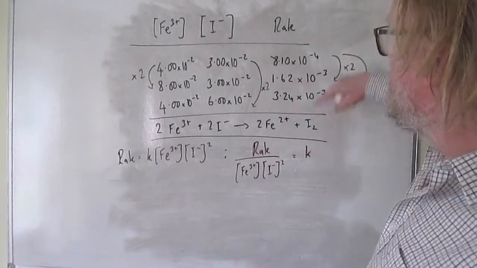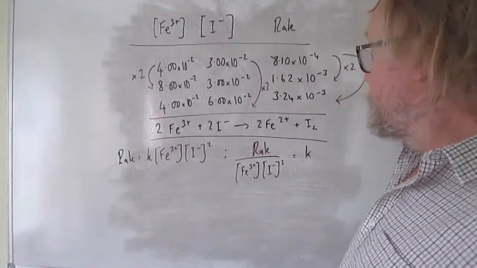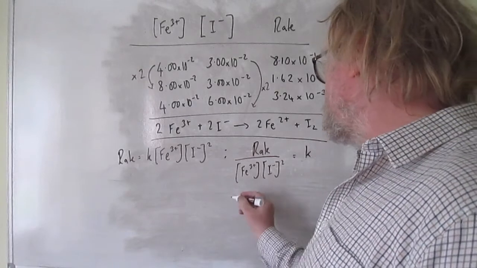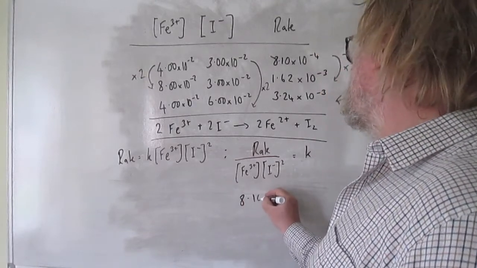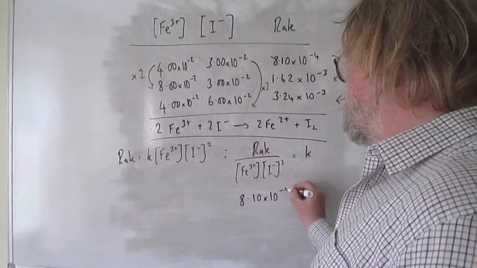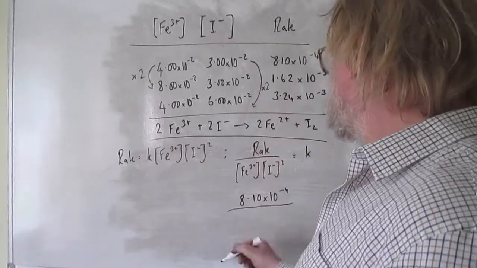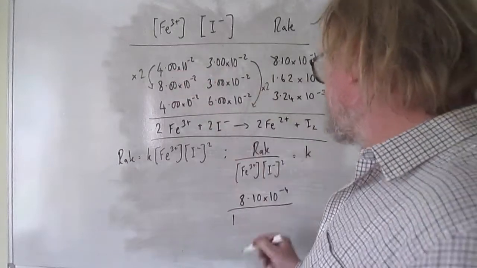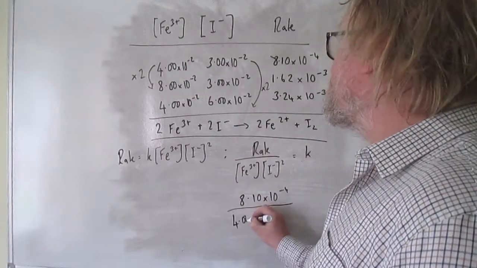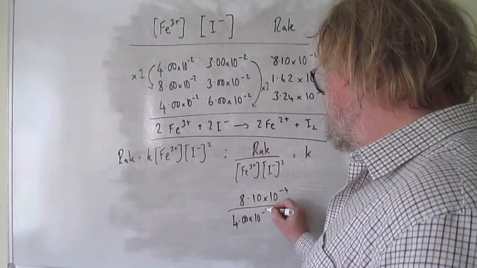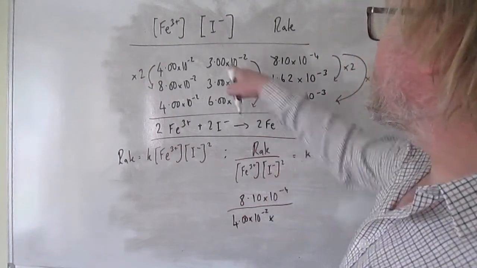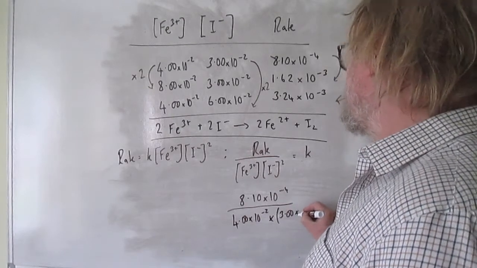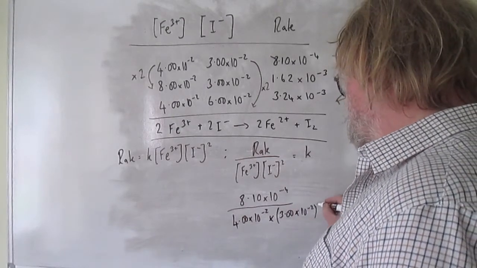So when you get a question like this, you can choose any one of the 3 rows and use the numbers from that. So we may as well just use the top one. So we get 8.10 times 10 to the minus 4 divided by Fe3+ is 4.00 times 10 to the minus 2 times I- squared, which is 3.00 times 10 to the minus 2 squared.